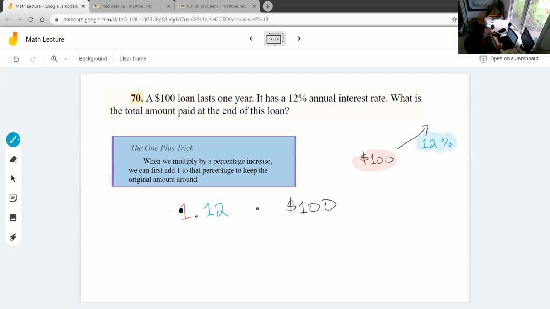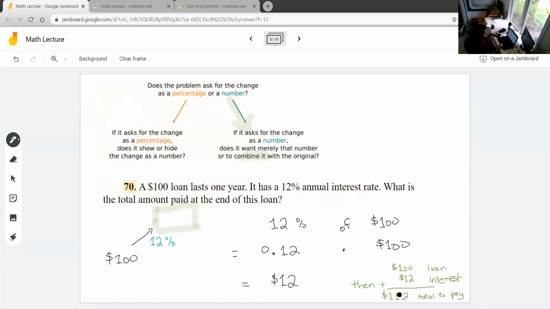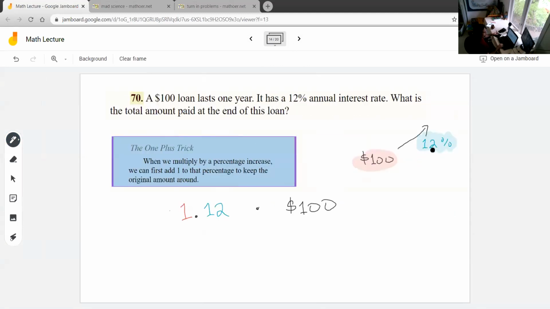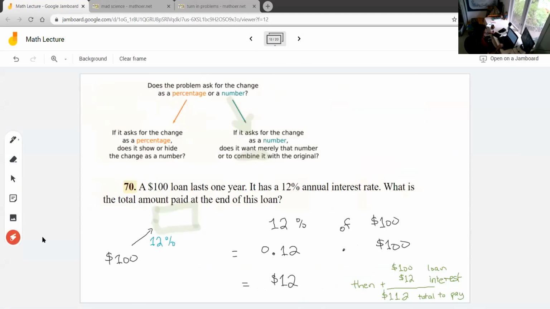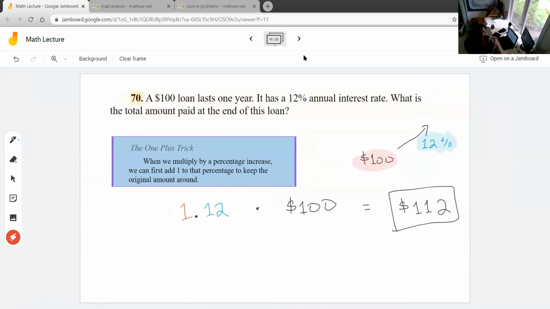The 1 comes from 1 times 100, so we keep the 100 around. That's like our green step down here of let's keep the 100 around. The 0.12 is the 12% we're changing. And we're putting them together, and when we do that, we just get the 112 as one step. We don't have to do a separate green step at the bottom to combine things at the end. So that's called our 1+ trick. And so let's do more of those.